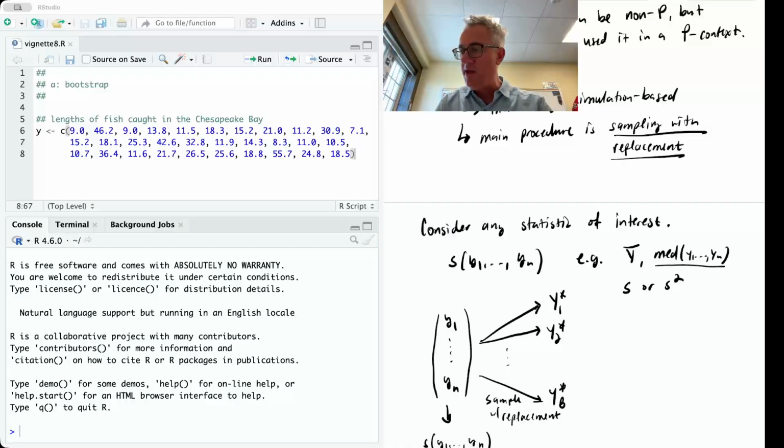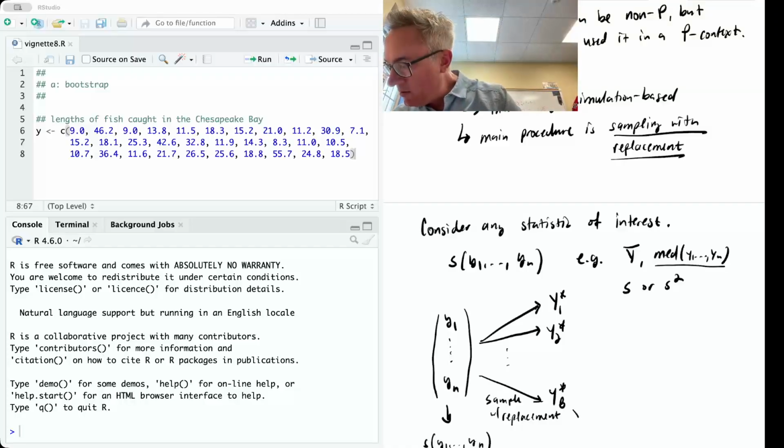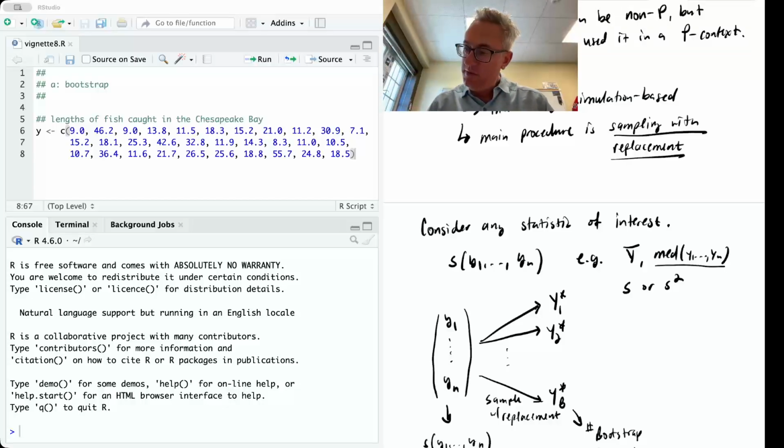So b will be the number of bootstrap resamples. So each one of these y star vectors is a resampling of the original n data values.